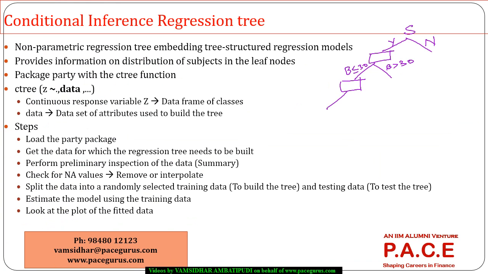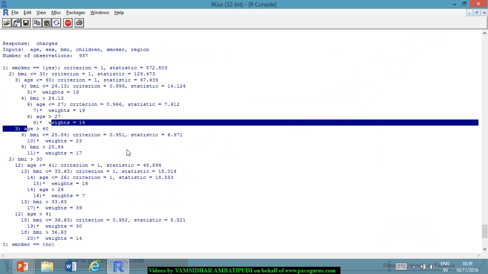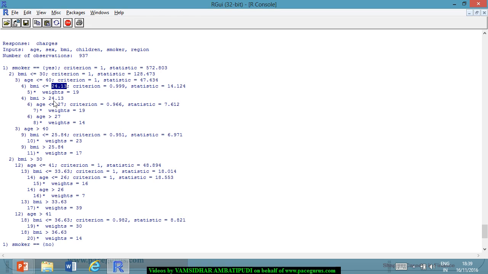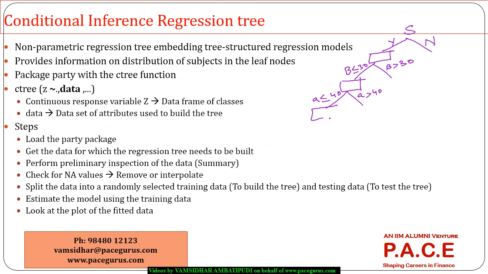These are the two categories that came out. Now again for age less than or equal to 40, we have one more split, which is BMI less than or equal to 24.13 versus BMI greater than 24.13.